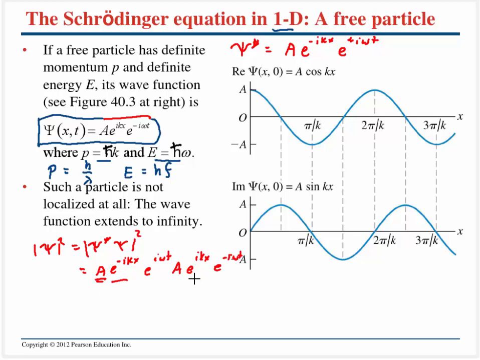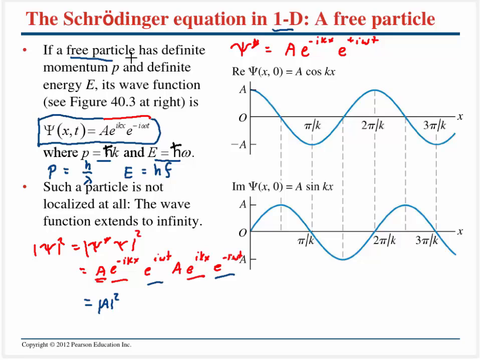This guy is going to cancel out with this guy, and then this guy right over here is going to cancel out with that guy, and the probability of finding this thing is just going to be equal to a squared, which says I have an equal probability of finding this thing anywhere, and this is independent of time. And that would kind of be the definition of a free particle.